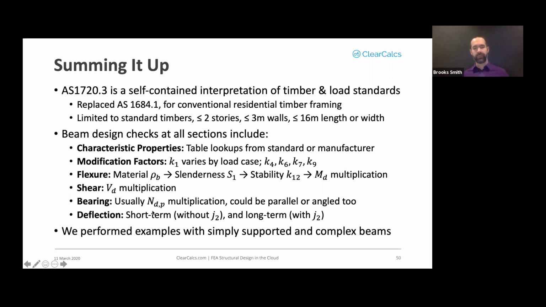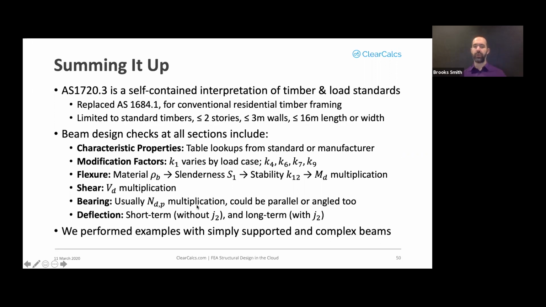For bearing, usually you are bearing perpendicular to the grain, and for that, it's just a simple multiplication of the modification factors. If it's parallel or angled, you have a little more work to do for calculating out what the, in particular for an angled bearing, do remember that your A sub P and A sub L are different values.